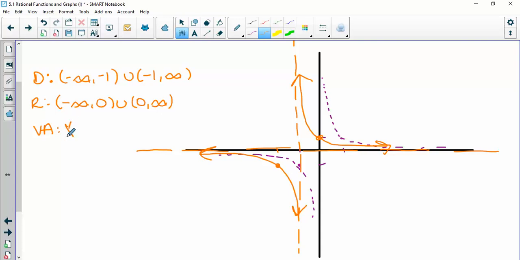Since it's vertical, we say x equals -1. And the horizontal asymptote is at y equals 0. So you notice the range value, y couldn't be 0, that's your horizontal. Your domain value, it can't be -1, that's your vertical. So your asymptotes are where we see those breaks in our domain and range.